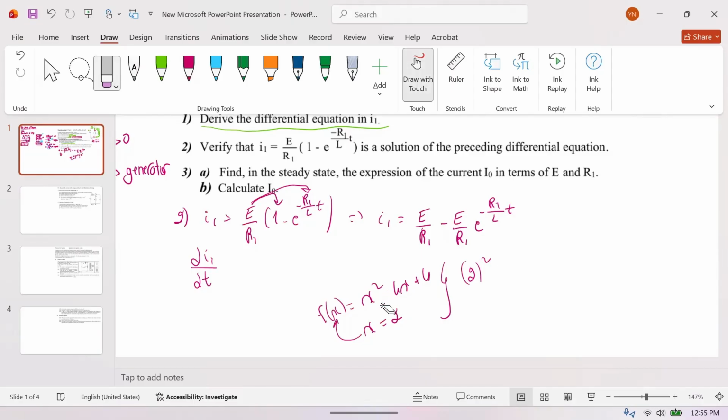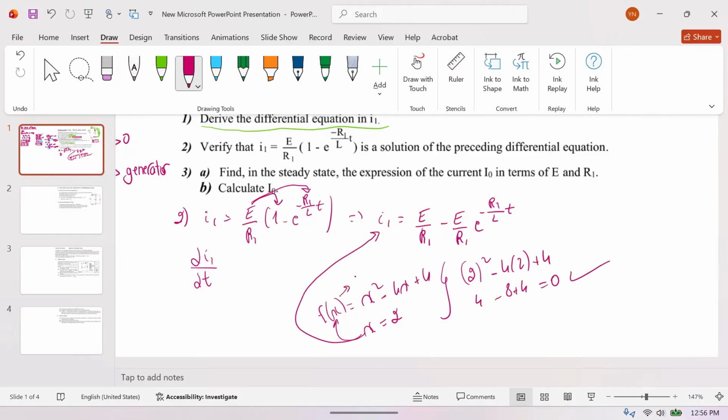So 2 squared minus 4 times 2 plus 4. So you get 4 minus 8 plus 4, which is 0, and you know it's a solution. Same thing here. It's a little bit more complicated than just x equals 2. Now I have a whole expression for the solution. So my x in math, here it's I1. And my function in math is the differential equation that I got in the previous question.